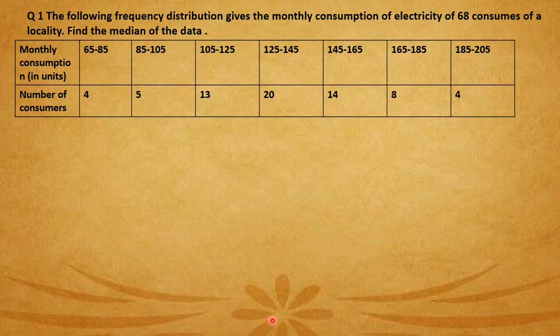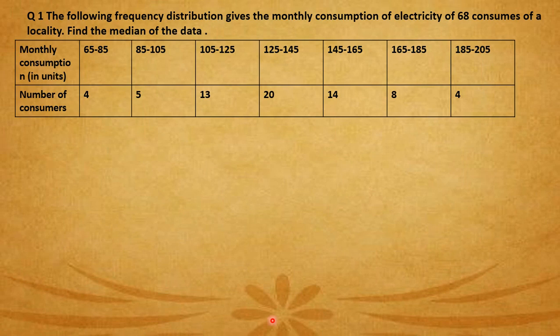So let's solve and find the median by using the formula for grouped data. This is question number 1 of exercise 14.3. The following frequency distribution gives the monthly consumption of electricity of 68 consumers of a locality. Find the median of the data.